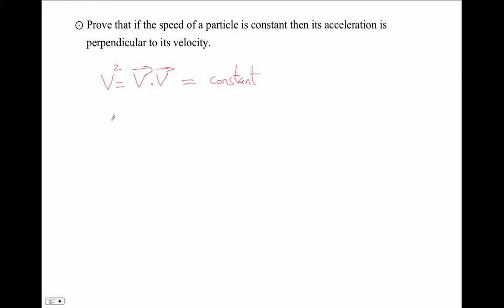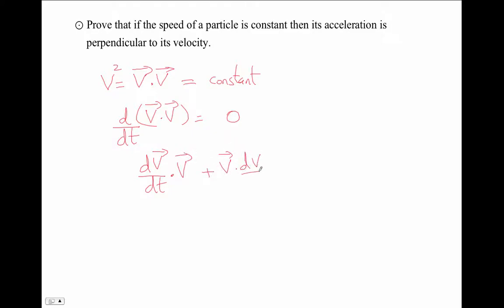Okay, if it's a constant, then we can differentiate with respect to time v dot v, and that has to equal 0. But now let's recall the rule, which is that this is dv by dt dot v plus v dot dv by dt, and of course the two are exactly the same.